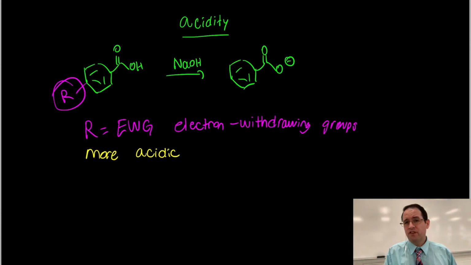Now, you might review chapter 19 when we talked about electrophilic aromatic substitution. There are lists of electron withdrawing groups and which ones are strong electron withdrawing groups, which ones are medium, and which ones are weak electron withdrawing groups, okay?